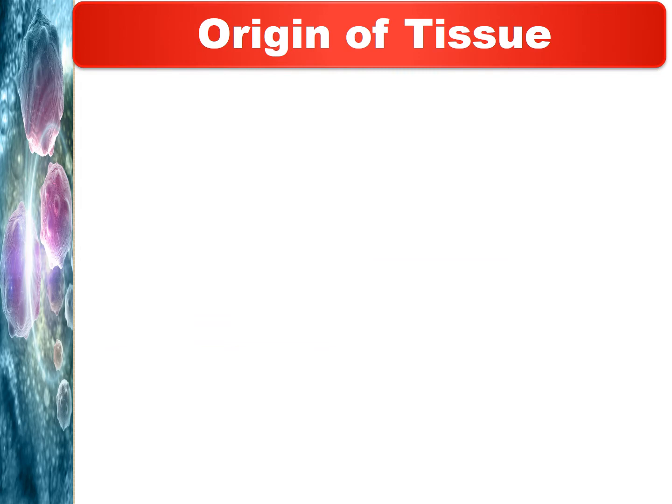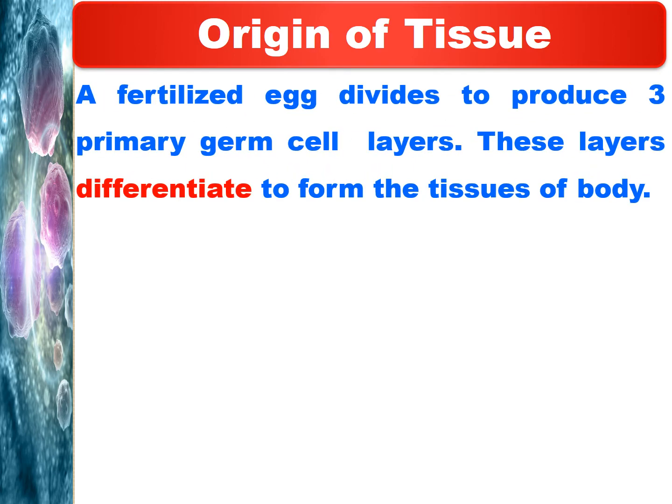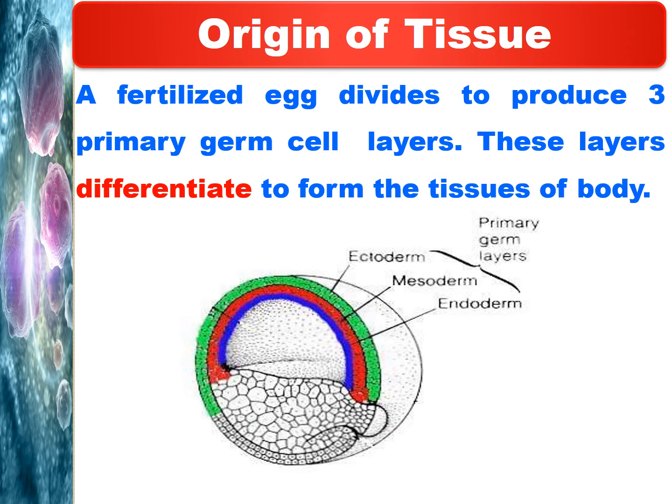Now, after this much discussion, a question arises: from where do these different kinds of tissues, for different assigned purposes, originate? That is the origin of tissue. Actually, a fertilized egg divides to produce three primary germ layers, which we can understand with the help of this diagram.